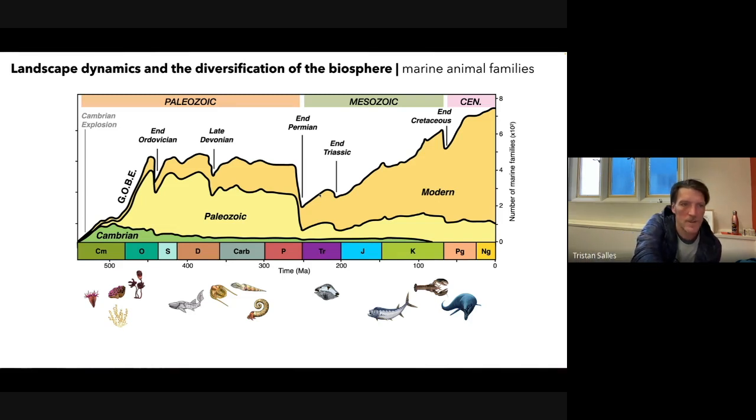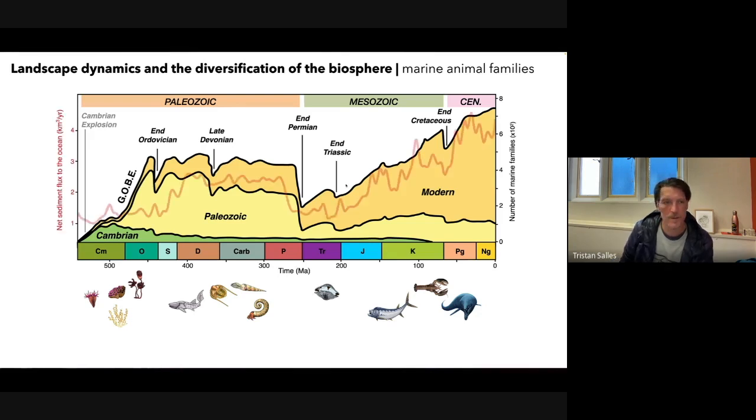We start with the Cambrian explosion before 500 million years, then we've got this great Ordovician biodiversification event, and after that you can see a kind of plateau. Then a big drop here during the mass extinction, and after that a rise during the Triassic.